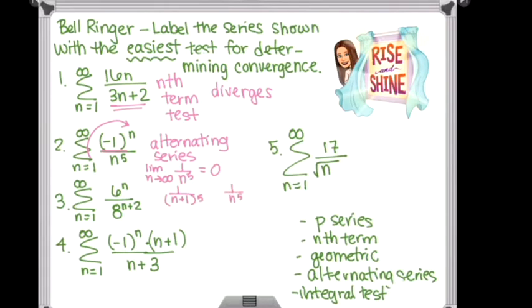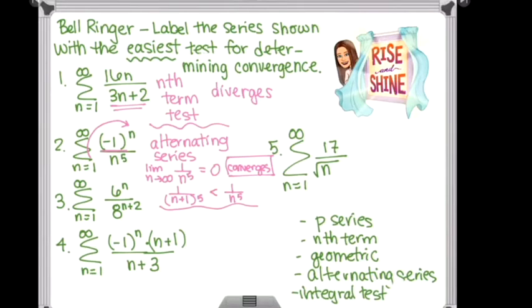And it is. Every time n is a positive integer, this expression is going to be less than 1 over n to the 5th. So this one converges by the alternating series test. And if you didn't learn that last week, of course, that's not going to make much sense. So go back and learn it, and that'll make more sense.